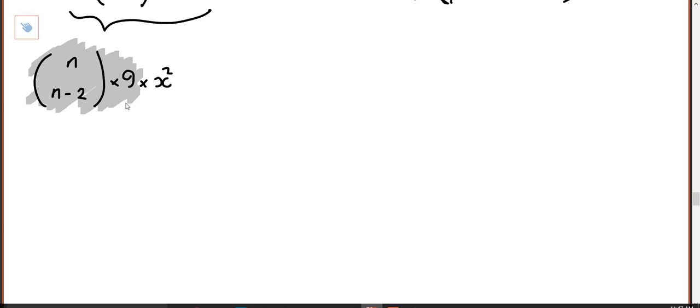All of that is the coefficient, because remember, what's in the brackets gets turned into a number, either using your calculator or using the formula. So what I know then is that this is going to equal 135n times x squared. So the two grey bits are equivalent. That gives me the information I need to find n.